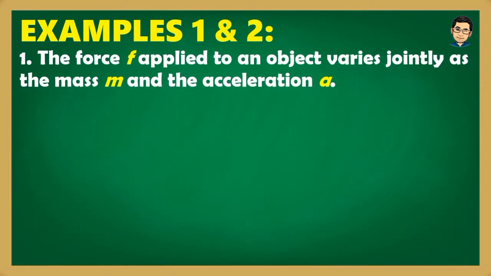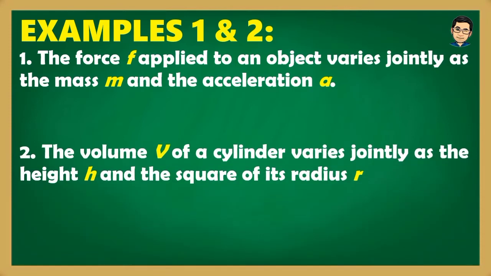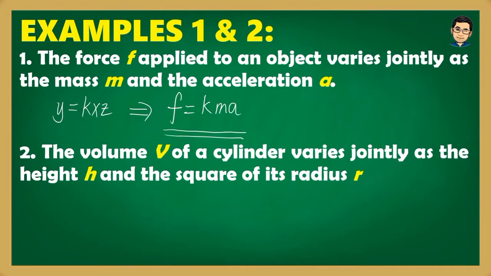The force F applied to an object varies jointly as the mass and the acceleration A. Since yung joint variation natin, sinusulat siya as y is equal to kxz, itong statement natin na ito, pwede po natin siyang isulat as F stands for force is equal to k, the constant of variation, and then yung mass and acceleration, MA. Yung equation natin, F is equal to kMA.